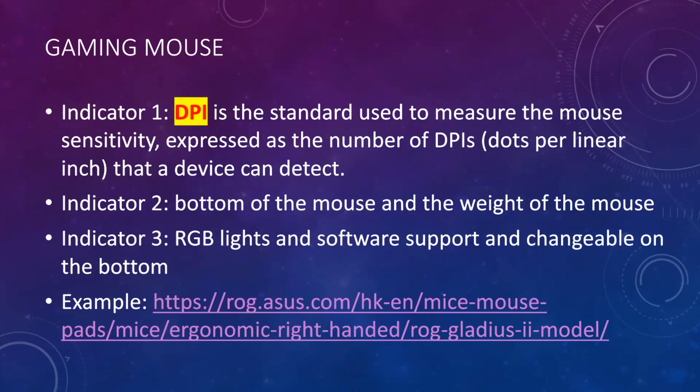If you play gun games, as I play CS, Counter-Strike, if I choose a high DPI, I can change the corner or change my field of view smoothly or fast, so I will choose a high DPI for my gaming mouse.